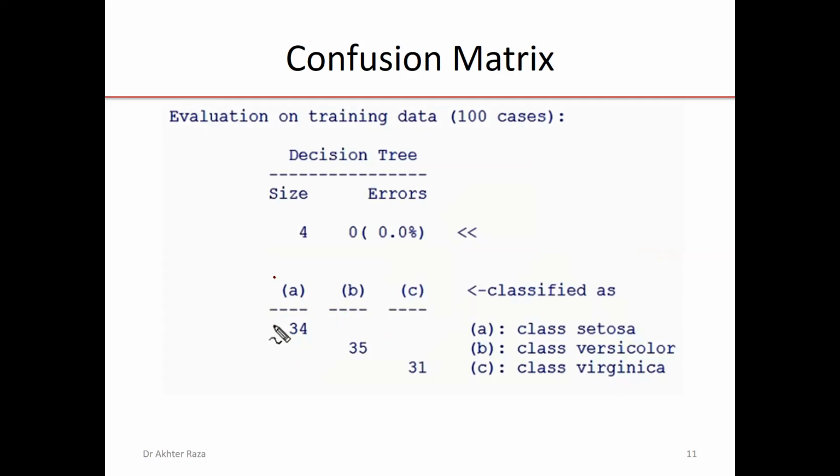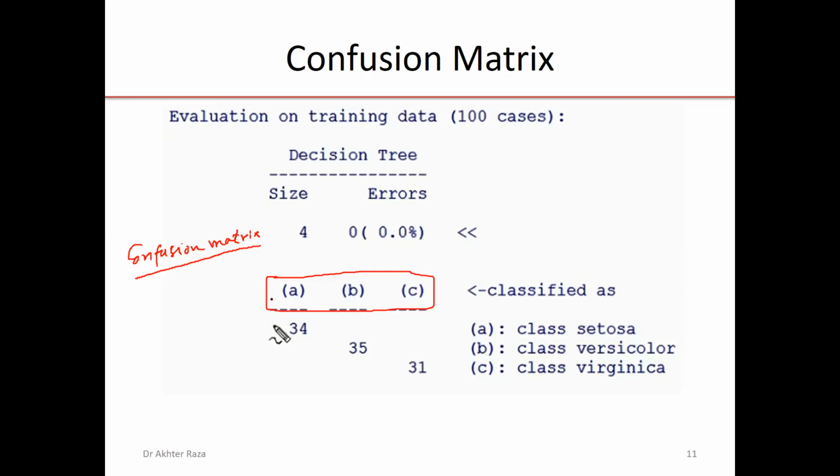These are the classifications by my model. So this is called confusion matrix. Confusion matrix is a matrix which is used to assess the accuracy or inaccuracy of the model.